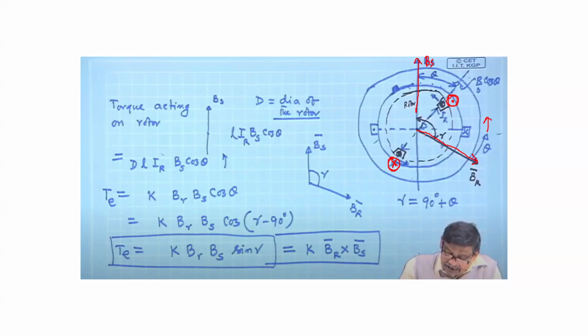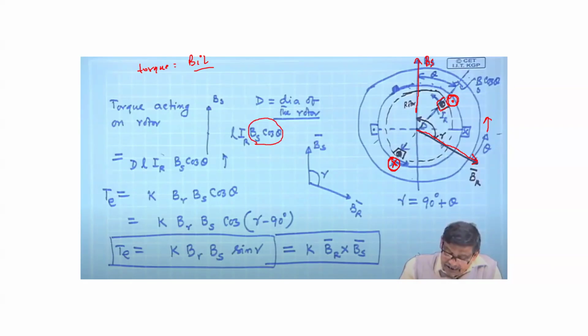Now here we know what the expression of torque is. The expression of torque we know is BIL, right? We have seen this. So this is BS. Now let us say that the angle between this conductor position and this BS is theta. So the component of BS along the conductor position is BS cos theta.